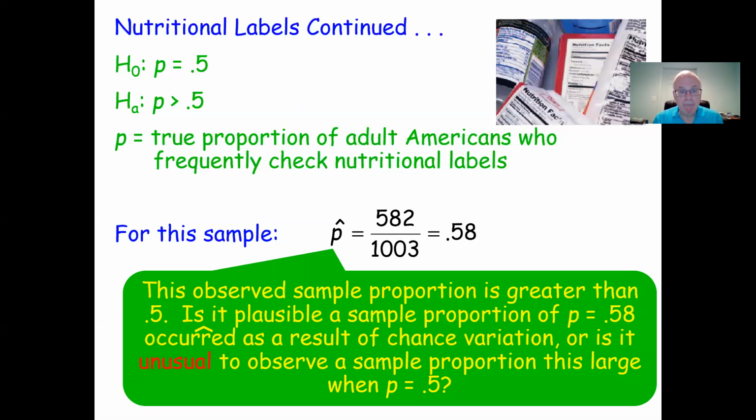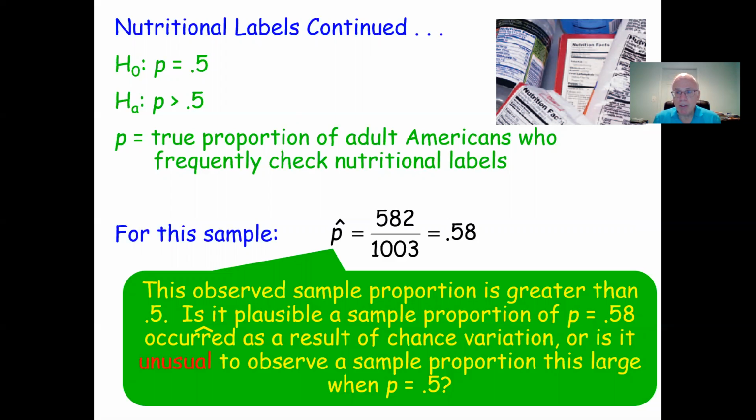Now, we're going to test to see if this sample result seems to be basically normal variation around a population proportion of 0.5. Does it seem reasonable that 0.58 would be a result from normal variation of samples around the population value of 0.5? Or is it so much higher than 0.5 that we have to reject the idea of p equal to 0.5?